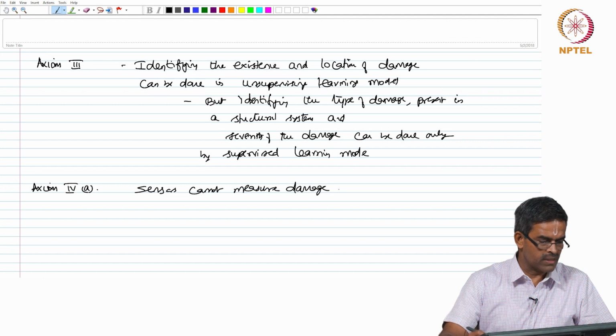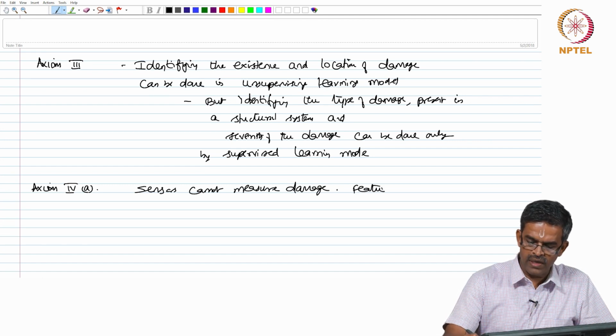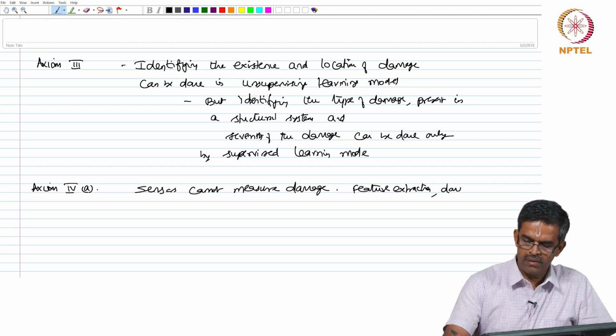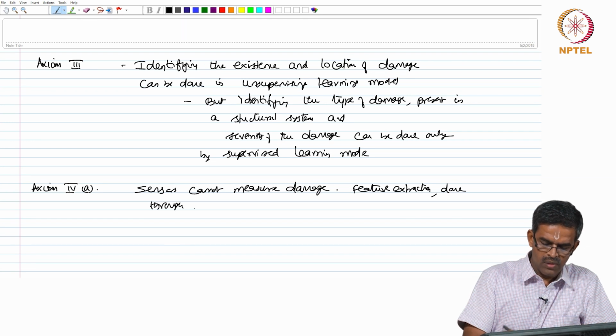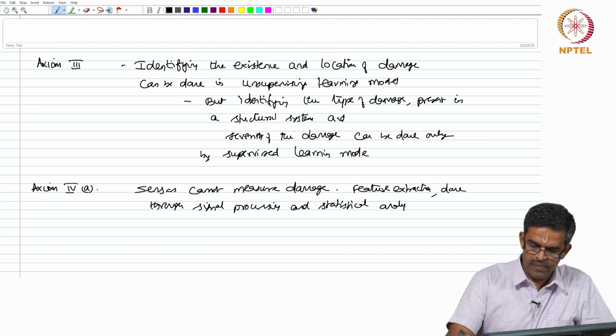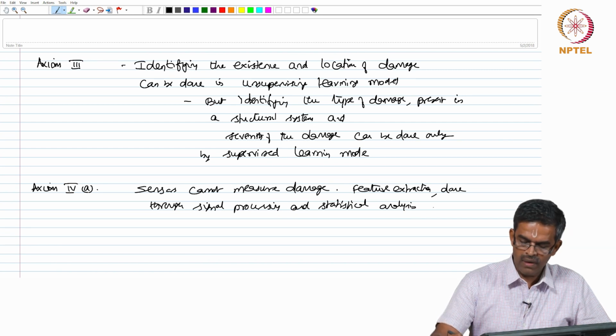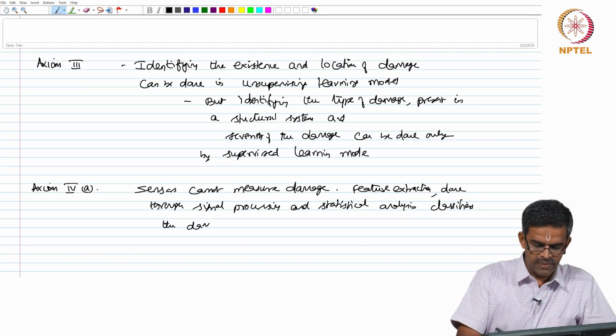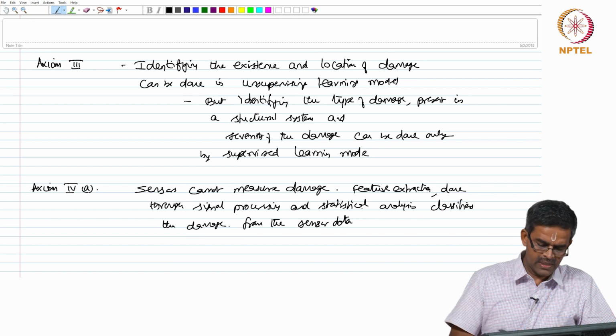It is only through feature extraction, done through signal processing and statistical analysis, that one classifies the damage from the sensor data. It is a very important axiom.